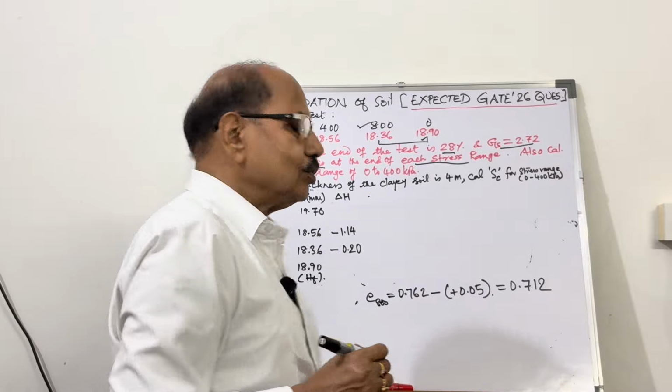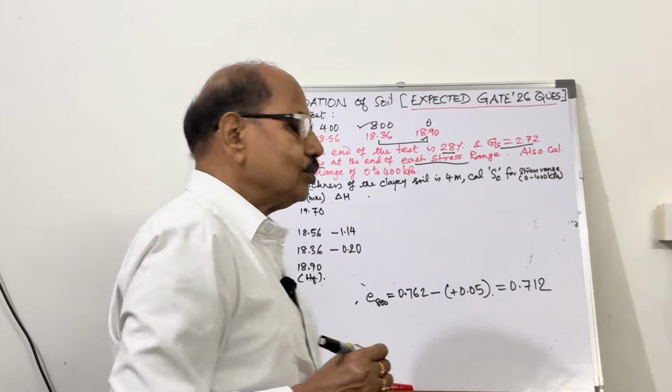you can calculate. So delta E, how will you calculate it? What is the formula for delta E? That you know it. So delta E equal to minus delta H upon the value of final void ratio. So at 400, what is the value of final? That is 18.36.